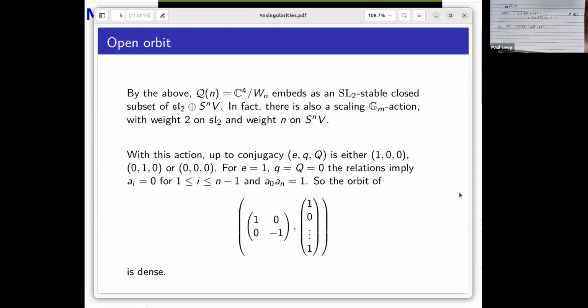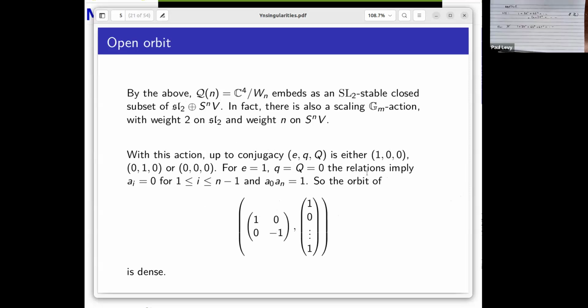Okay. So in fact, there's an open orbit. This turns out to be quite a useful way sometimes to think about these singularities where you have a large symmetry group. The SL2 doesn't act on the singularity with finitely many orbits, but once you factor in the scaling action, it does, because any non-zero semi-simple element is going to be conjugate to this diagonal thing.